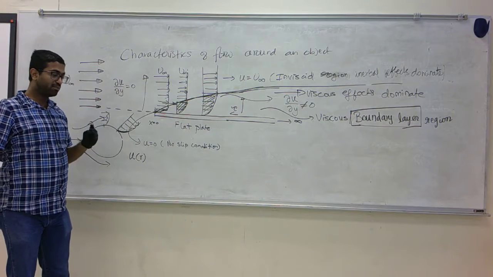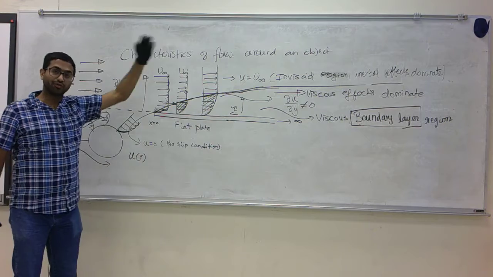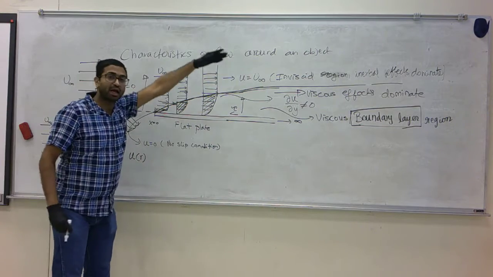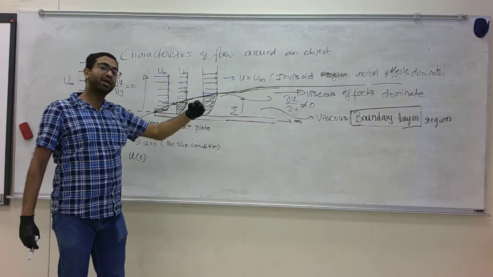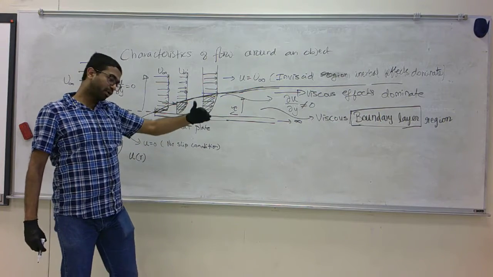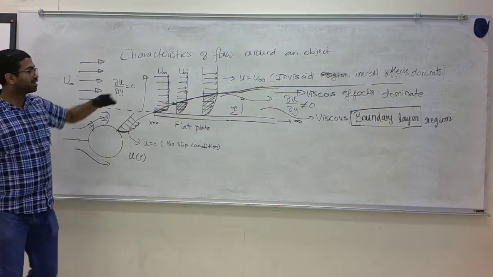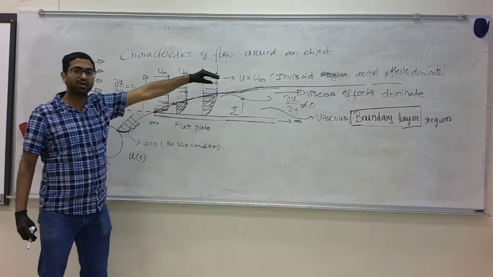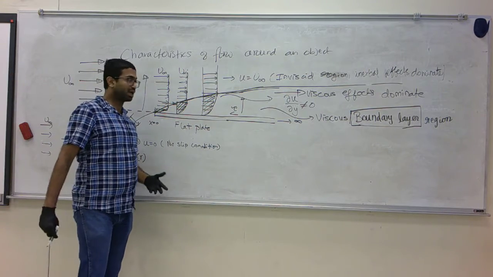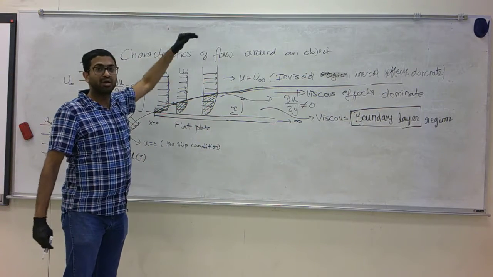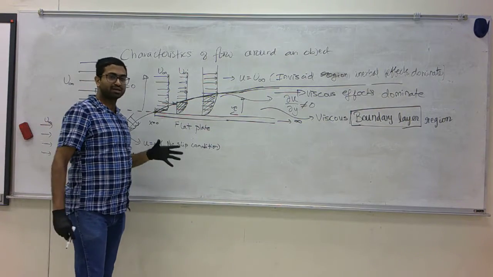It will become at some point, let's say, 90% of the free stream velocity, 99%, 99.9%, 99.99%, 99.999% and so on. But where exactly it becomes exactly equal to u infinity is hard to say. And it is not necessary to say because it might take a long time, but if you are an engineer, you are always interested in practically defining something.